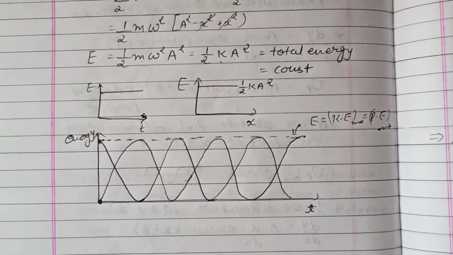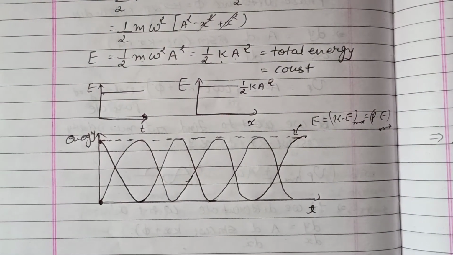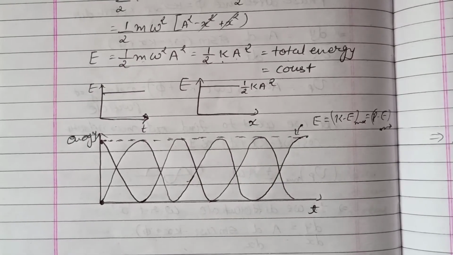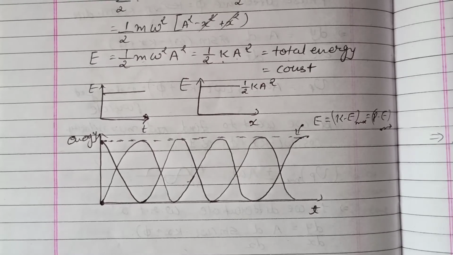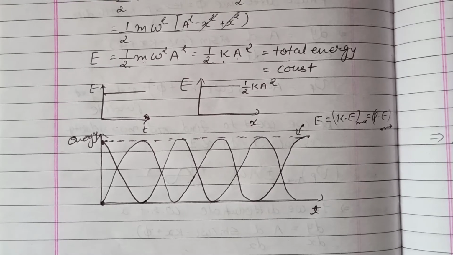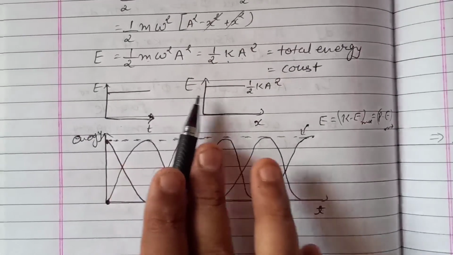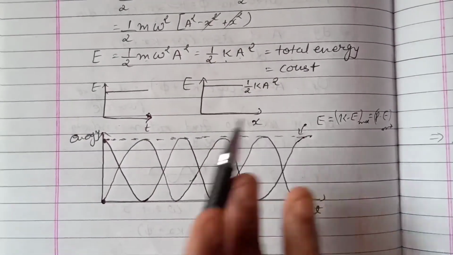Okay, so very simple. Now an important note, please write: total energy of a particle in simple harmonic motion is the same at all instants and all displacements.